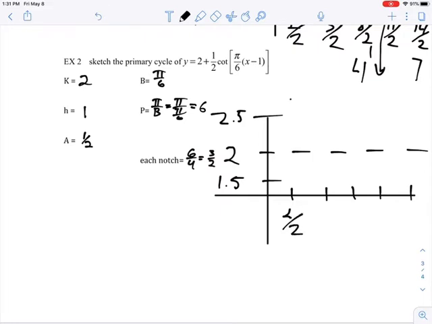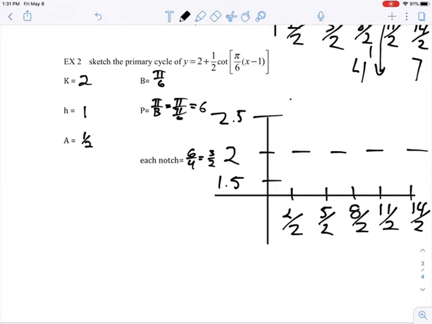And then again, we're adding 3/2. So add 3 to the numerator, 5/2. Add 3 to the numerator, 8/2. Add 3 to the numerator, 11/2. Add 3 to the numerator, 14/2. And again, we can call the 8/2 4, and we can call the 14/2 7.